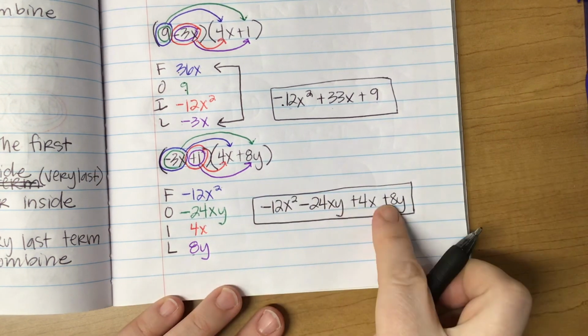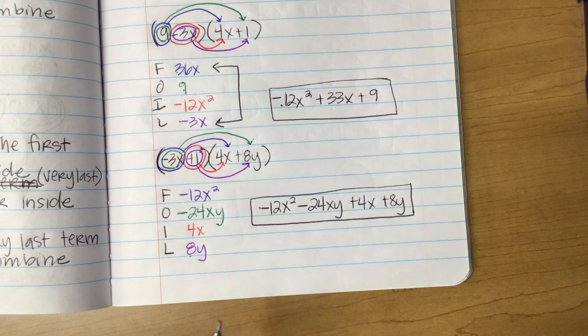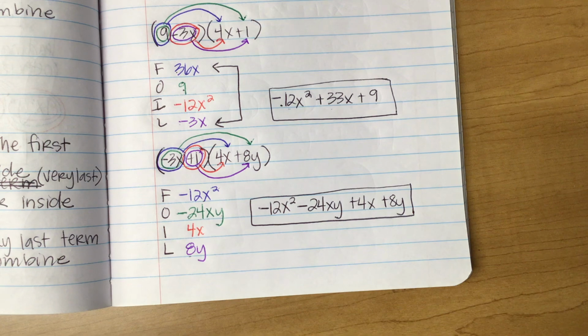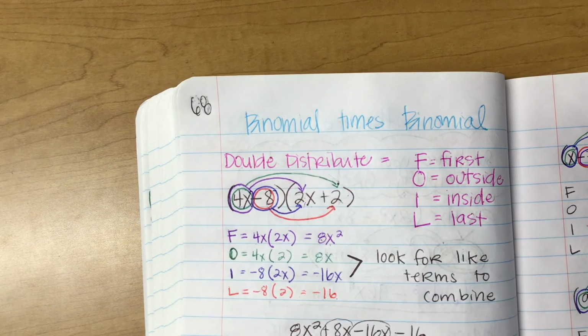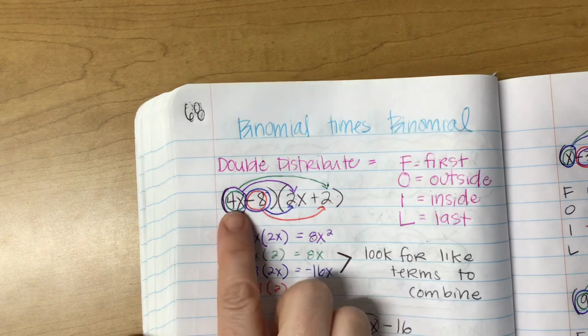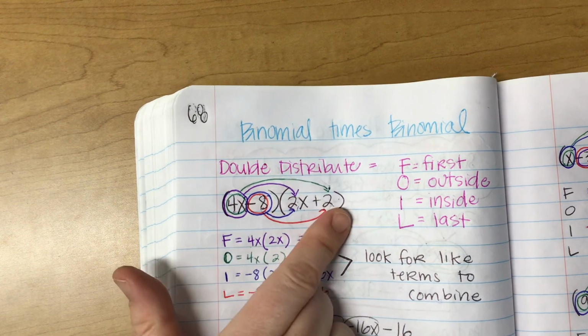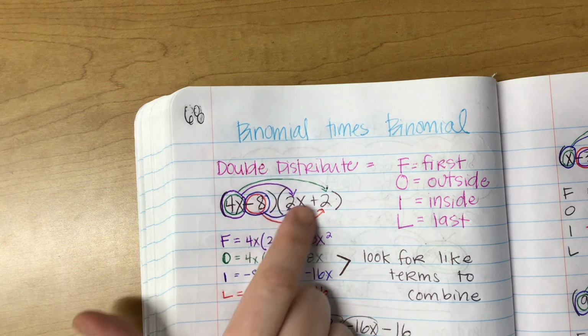I ended up with a 4-term polynomial. So sometimes you cannot combine like terms. Sometimes it's just not going to happen. Sometimes you can. Sometimes you're going to combine like terms and you'll end up with a binomial because 2 of the terms cancel out. Binomial times a binomial is double distributing. It's taking that first term, taking that second term. Bam, bam.